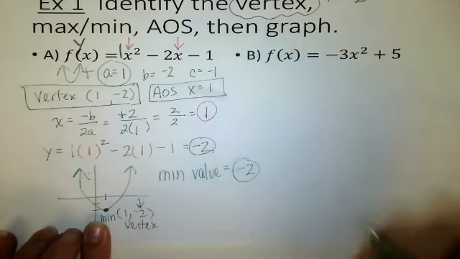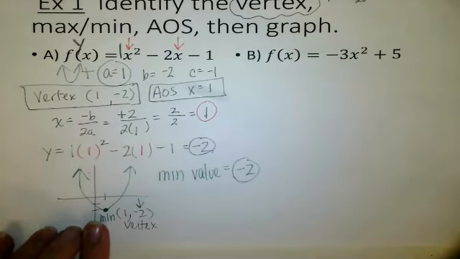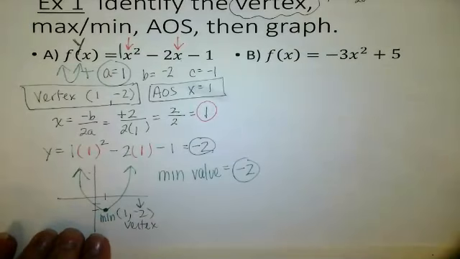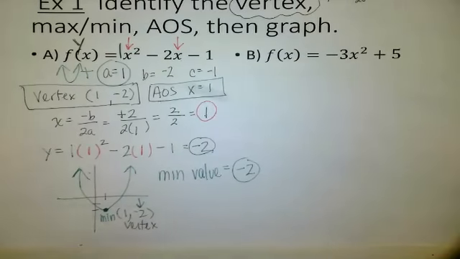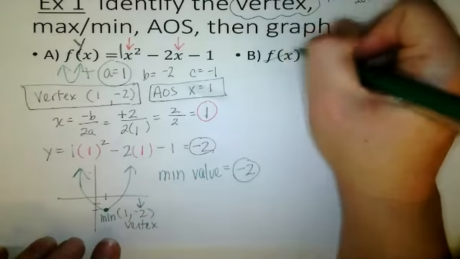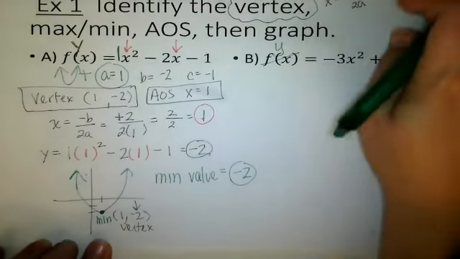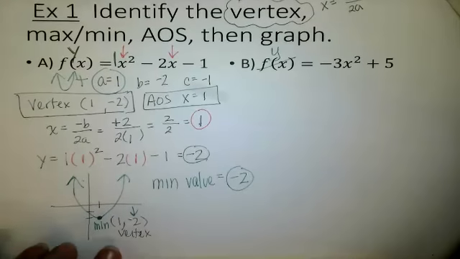Negative 2. It's always that y coordinate, the lowest or the highest value. Okay. And that's all we need to do. Again, f of x is the same as y. Don't know why I chose to use f of x, but it just means y.